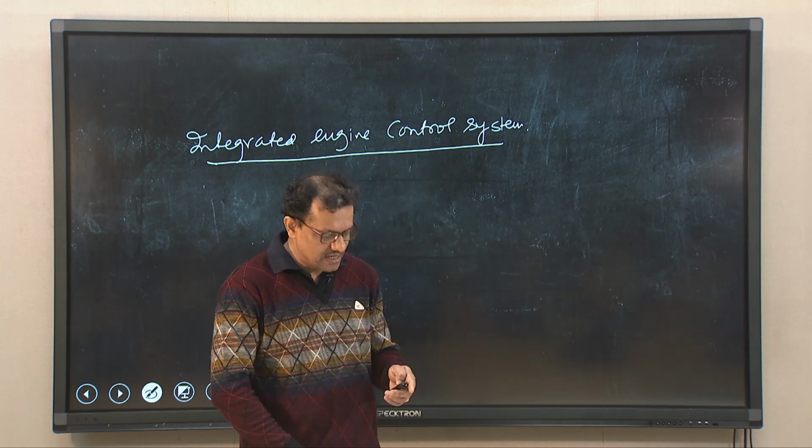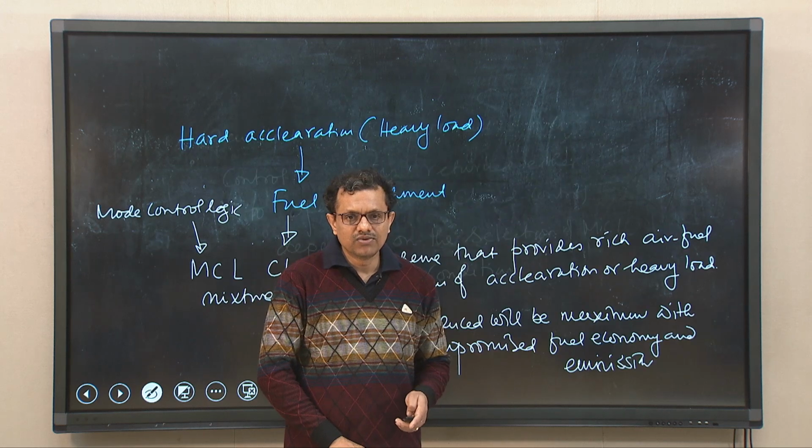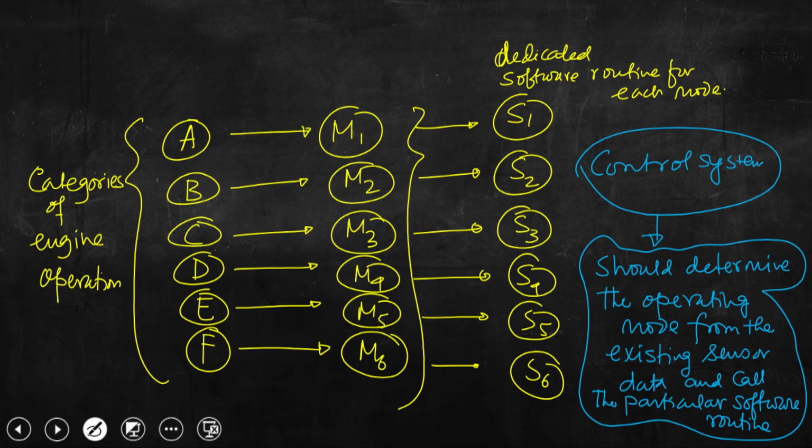So, if we go back to the previous slide, you can see that there are several engine operation categories, and to control all these categories there are several control modes, but all these control modes should be controlled by a single unit instead of 7 different units, and that is possible with the advancement of digital technology, computer algorithms and software.